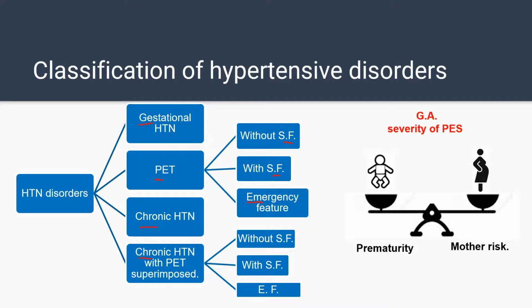Okay, the same here. Why is this classification so important? It's important because with it we assess the risk of the mother. And in all the patients with preeclampsia, we need to balance the risk to the mother and the risk of prematurity of the fetus. Why? Because we need to plan for the delivery. That is the only definitive treatment for this disease.